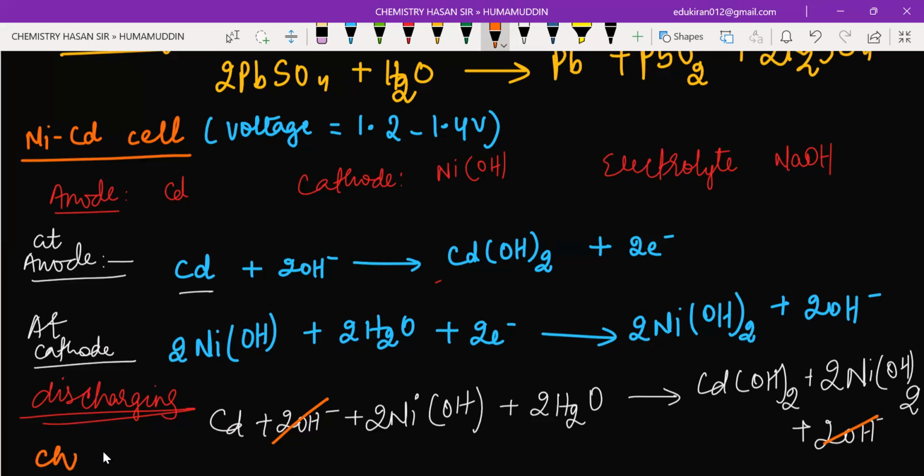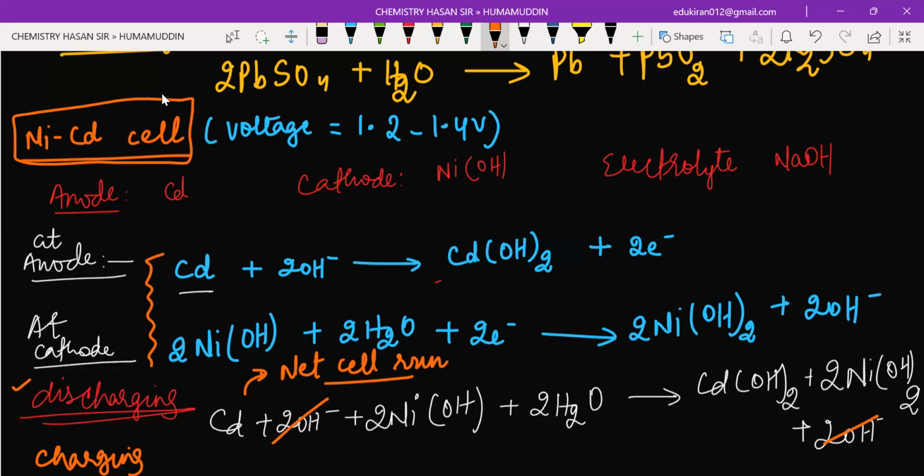You can write the reaction for charging, right? Yes or no? So what is the difference between discharging and charging? The same equation, if you add, you will get the net cell reaction. When you are using your phone and if this battery is in your phone, then the reaction is this.